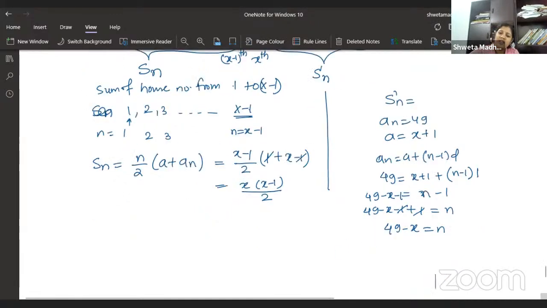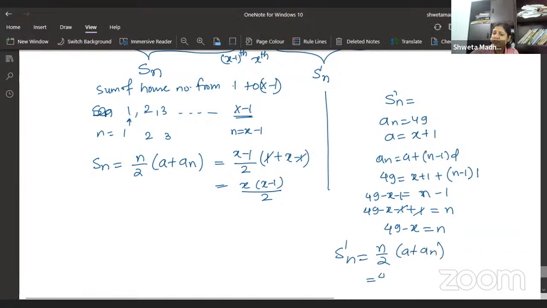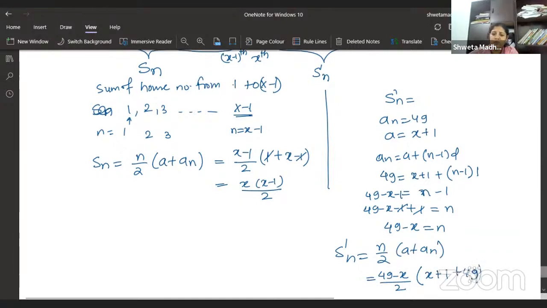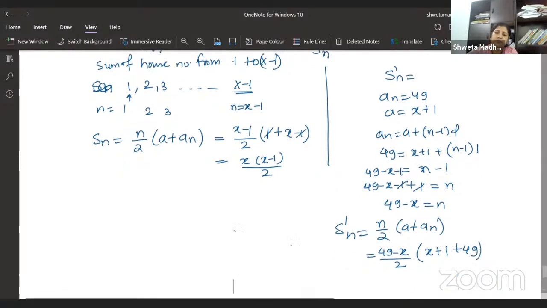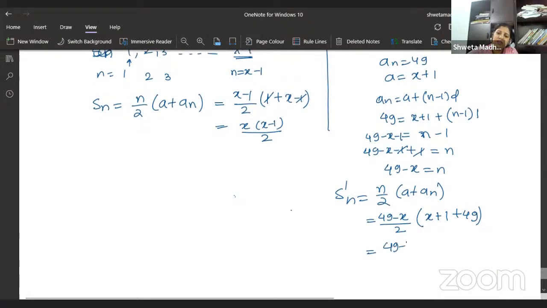Then find out S dash n, which is n by 2 into a plus an. What is n? 49 minus x by 2. A is x plus 1, and the nth term is 49. So it will be 49 minus x by 2 into 50 plus x.